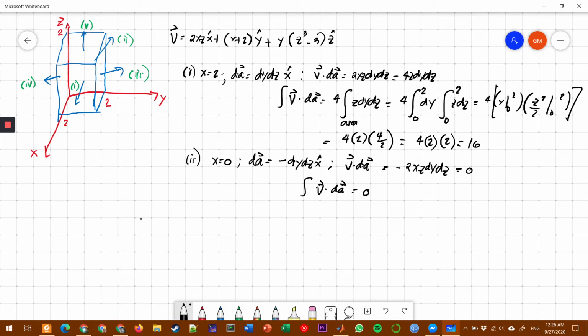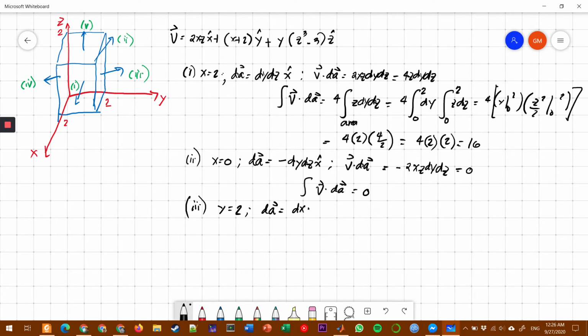Okay, and then let's move on to region 3. So take a look at region 3. This time around, it is situated at y equals 2, right? As you can see here. So y equals 2. How about the area? It is positive in direction. The area now is dx dz, right?